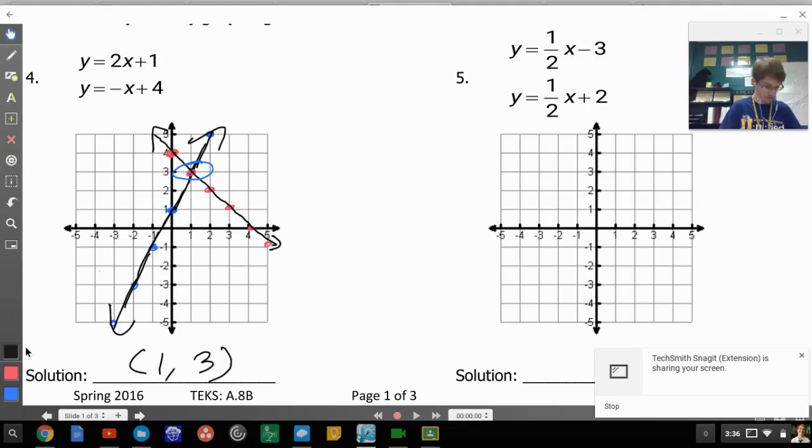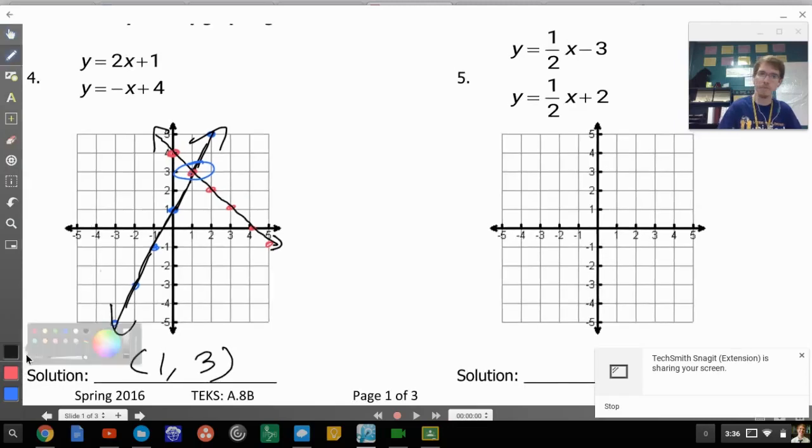Okay, number 5. Start by graphing this, so start at -3. Slope is 1/2, so up 1 over 2, up 1 over 2. It's really important that the points are all here, because that's how I'm going to tell where my line is.